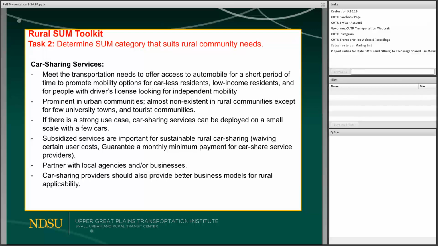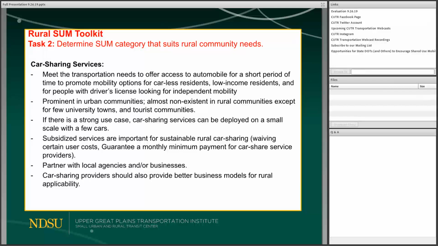As for car sharing services, if there is a unique need identified for providing short-term access to a vehicle for residents who have a driver's license, a car sharing service could be a potential opportunity. Most car sharing services exist in urban communities and not many in rural communities, except for a few university towns and tourist communities.